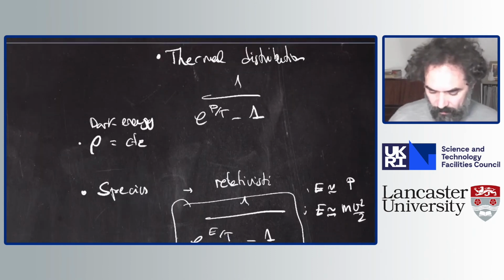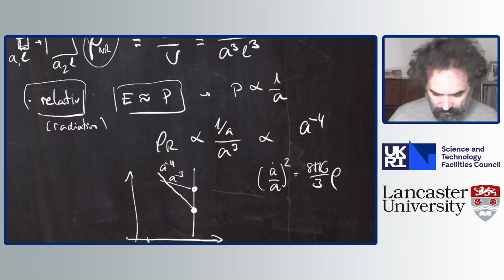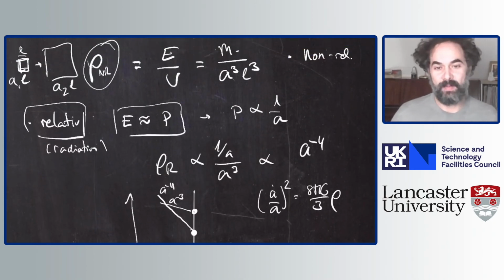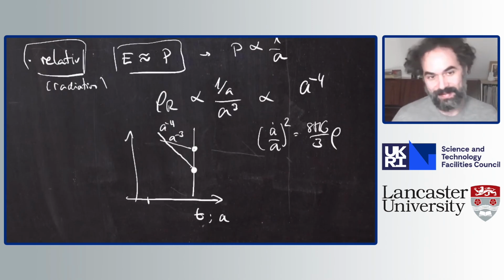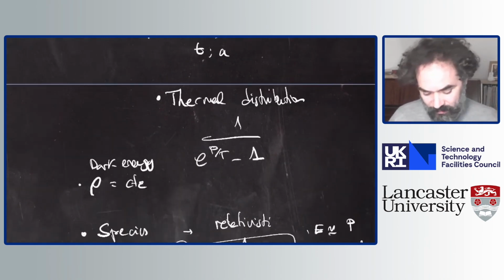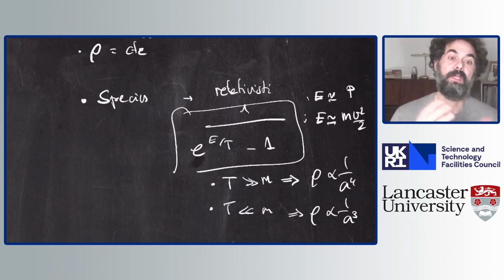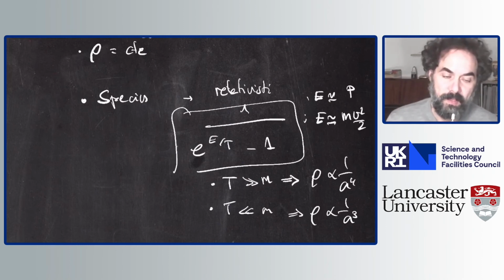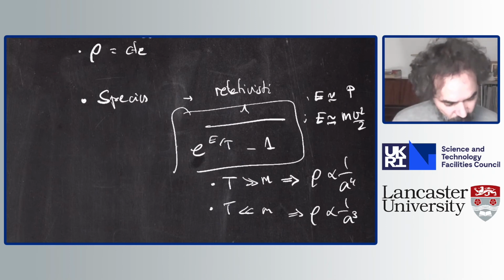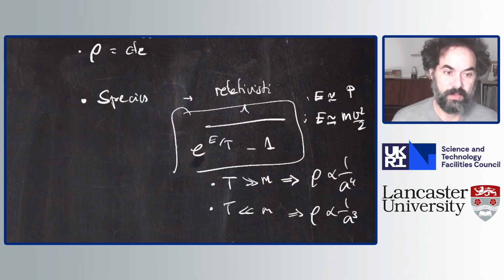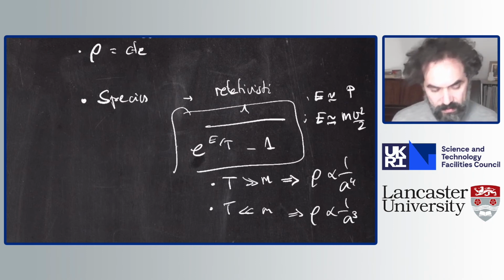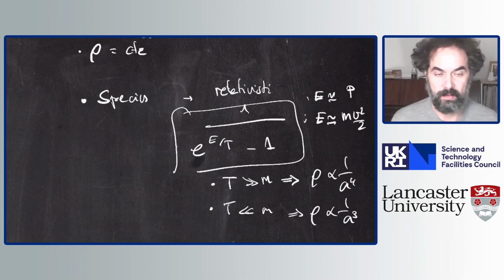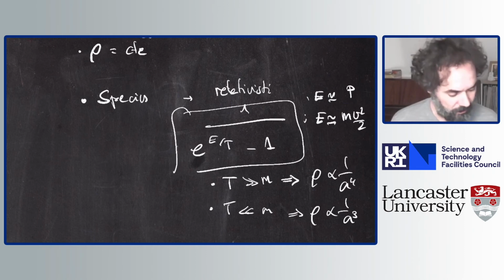Before, I just told you with hand waving arguments, which are correct. If you want to do the whole thing systematically, it requires more effort that is not worth it for this course. This is what is called kinetics in an expanding universe, and it can be a bit complicated.